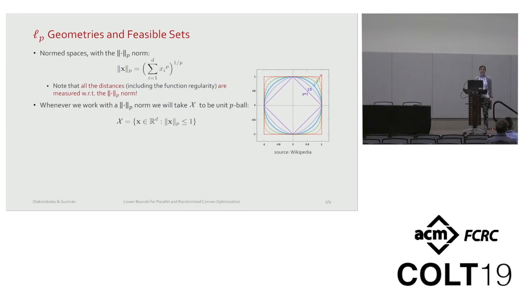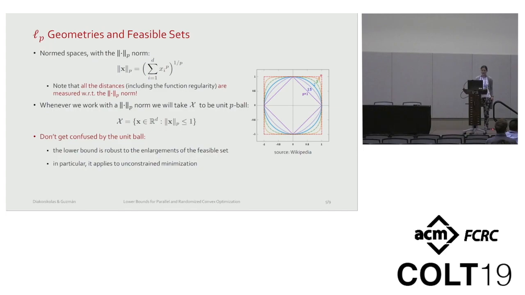This is a standard setting for understanding the complexity of a certain class. Our lower bounds are actually robust to the enlargements of the feasible set, and they also apply to unconstrained optimization. So this is all without loss of generality. All of these lower bounds easily also generalize to the spaces of matrices and Schatten P norms, which are LP norms of the matrix singular values.